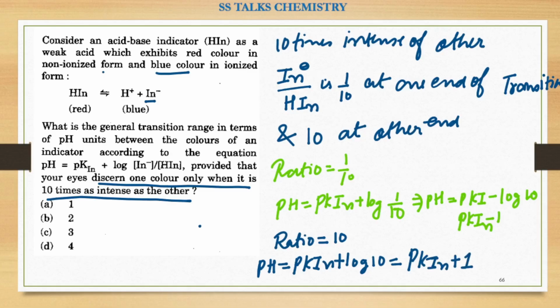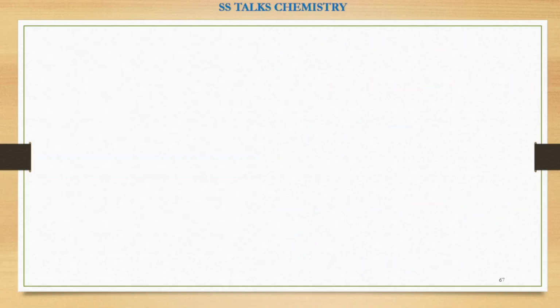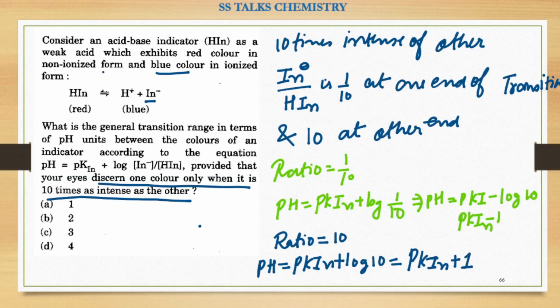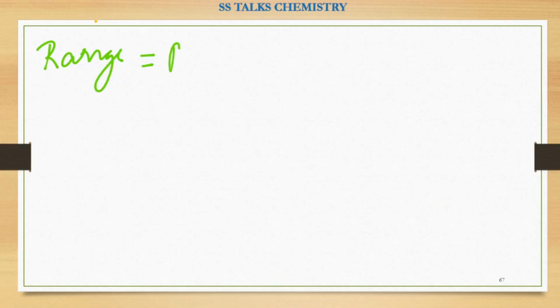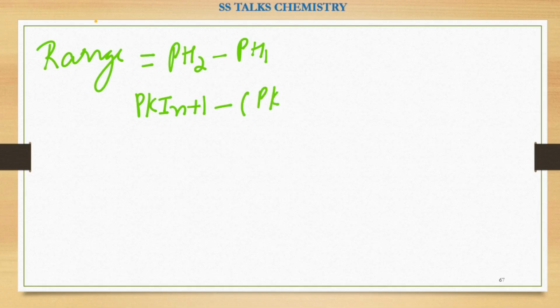So if you want to find the range, we can label this pH1 and pH2. Suppose this is pH1 and this is pH2. So the range will be the subtraction of these two, pH2 minus pH1. pH2 we have got as pKin plus 1 and pH1 was pKin minus 1.